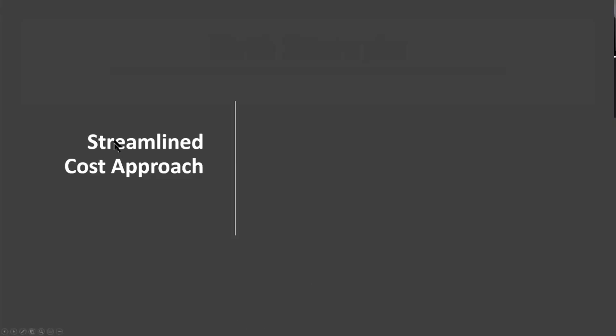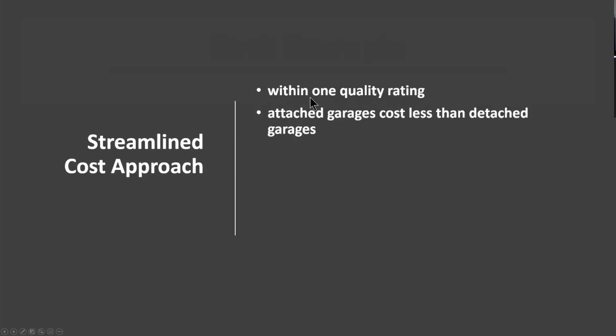And that's why I want to introduce this idea of a streamlined cost approach. We're not using the cost approach to bid on a job. So within one quality rating even, okay, if you're just talking about Q4 houses, attached garages are going to cost less than a detached garage, right? There's a common wall here. But a lot of people would think that the attached garage might be worth more money.